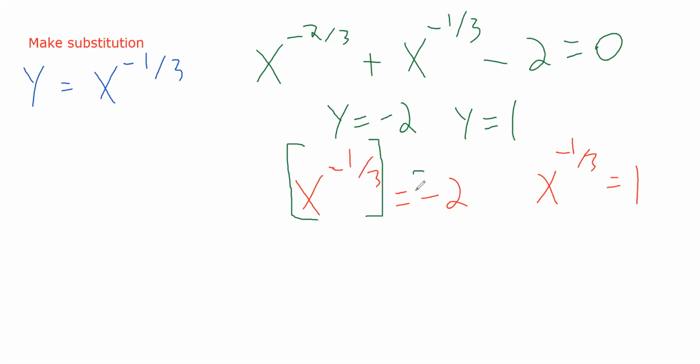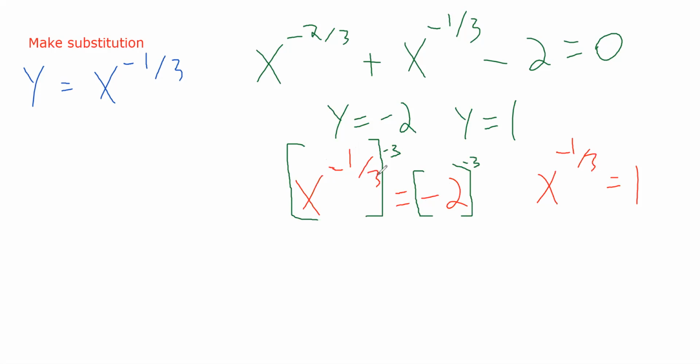I need to raise both sides by some power that's basically going to make this exponent here a +1. Now I'm thinking I need to raise both sides to the 3rd power, kind of like we were doing earlier, because that would get rid of the 1/3. And you're almost there, but it's a -1/3 power. I need those negatives to cancel out, so it actually has to be I raise both sides to the -3rd power.